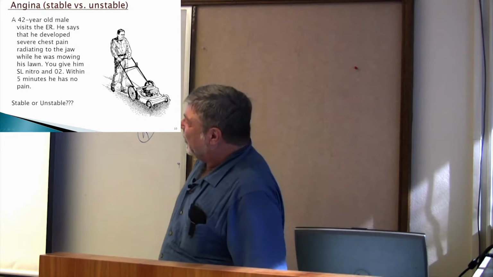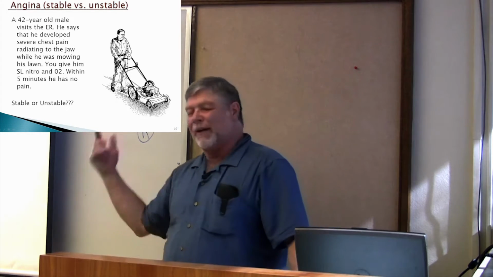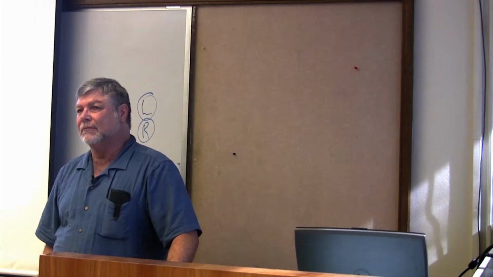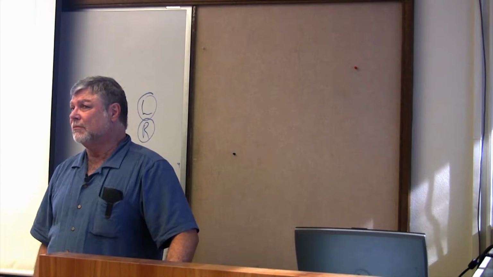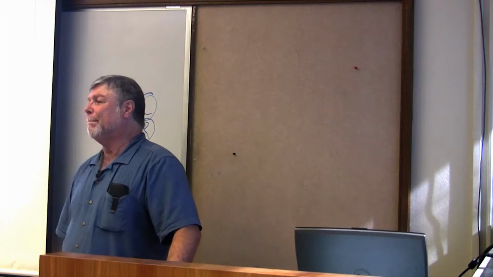And even though it doesn't have a subscript, what's O2? Oxygen, right. So you give them nitro. Now, what is the standard dosing for nitroglycerin? Nobody knows? And what interval? 5 minutes. Yeah, one dose every 5 minutes.